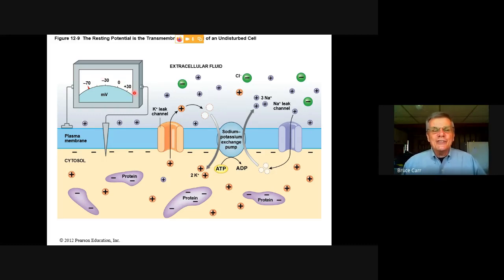This resting cell is showing a minus 70 millivolt reading as the potential difference we call the resting potential or the transmembrane potential. This would be a nerve that's ready to fire, that can be stimulated to generate an electrical impulse.